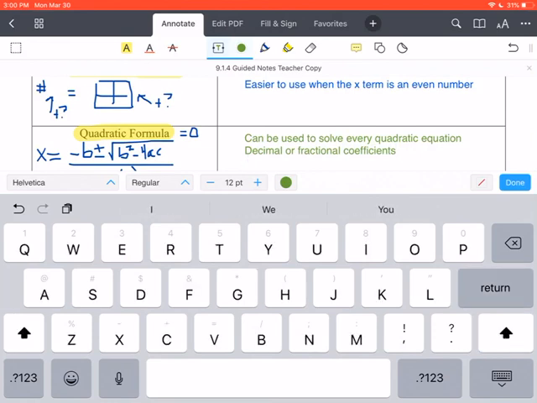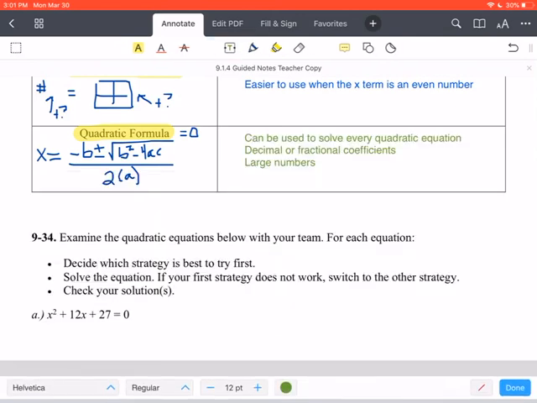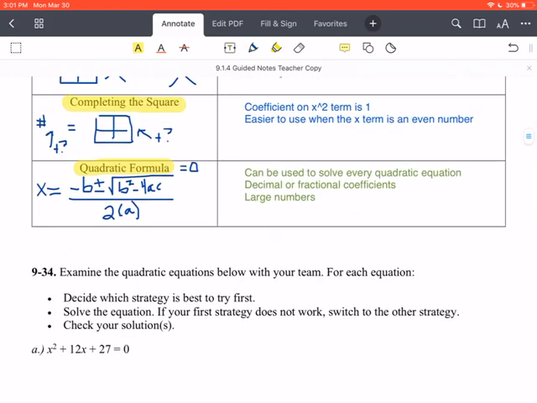And then also, I'm going to say large numbers. Usually I'll call them large, ugly numbers. But if you see anything like, if the coefficient on x squared is 25, then you probably don't want to start multiplying that by another number and then using a rectangle diamond. Okay, it's just going to take too much time. So when you see large numbers, you are going to want to turn to using the quadratic formula.